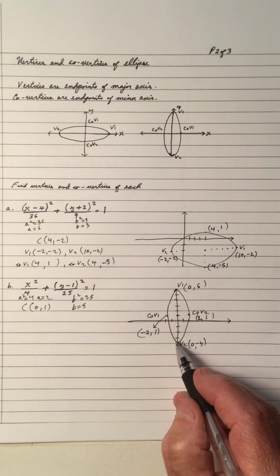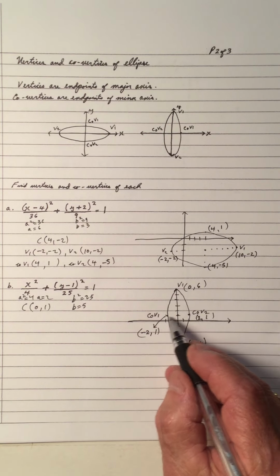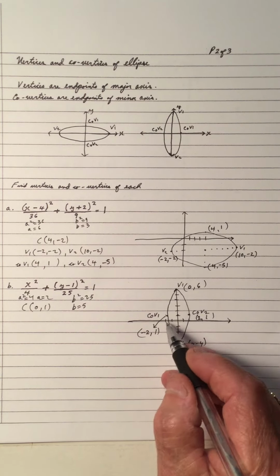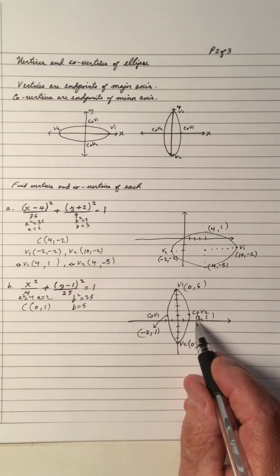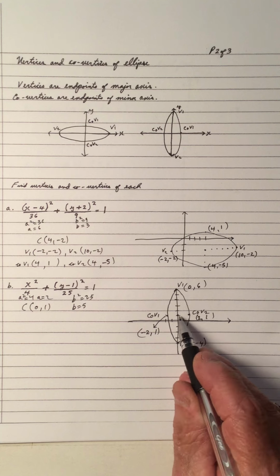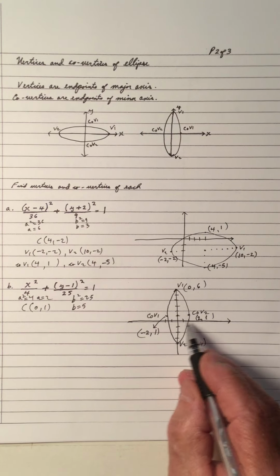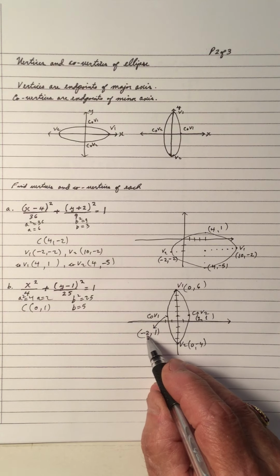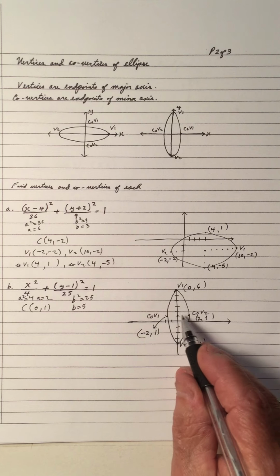Remember, on a vertical line, the x's stay the same and the y's change. On a horizontal line, the x's change and the y's don't. So halfway between negative 2 and 2 is 0, and 1 is 1. So if you add them up, you get 0 divided by 2 is 0, and 2 divided by 2 is 1.